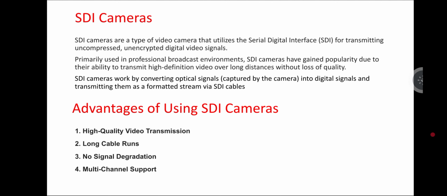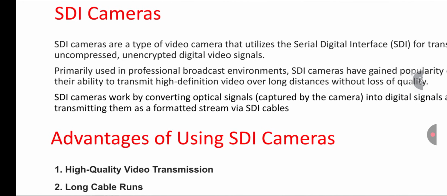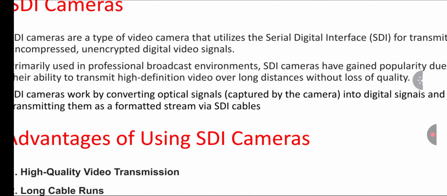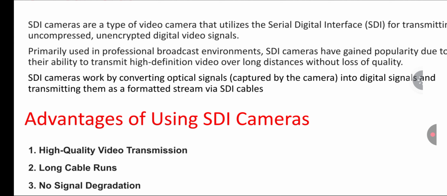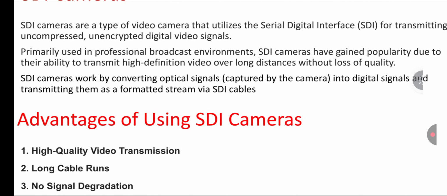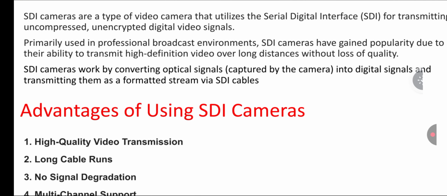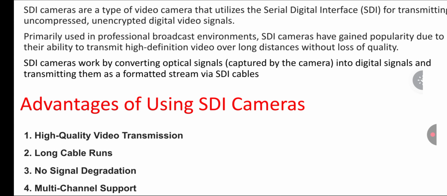So let's talk about the SDI camera. Let me zoom this one. I think it's very small. Yes. So SDI cameras are types of video cameras that utilize the serial digital interface for transmitting uncompressed digital video signals, primarily used in professional broadcast environments.